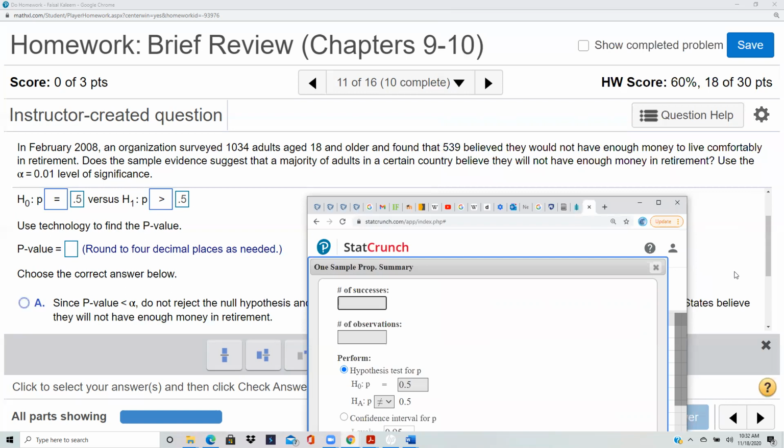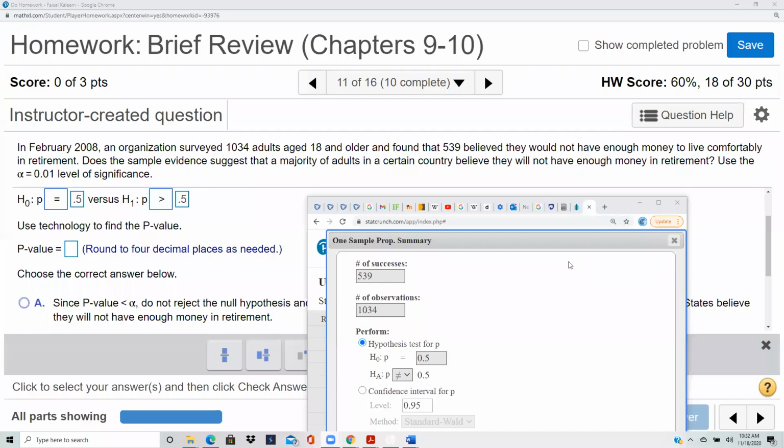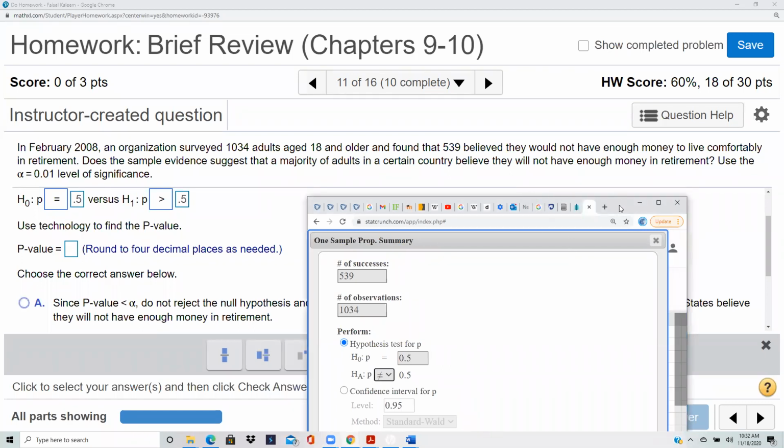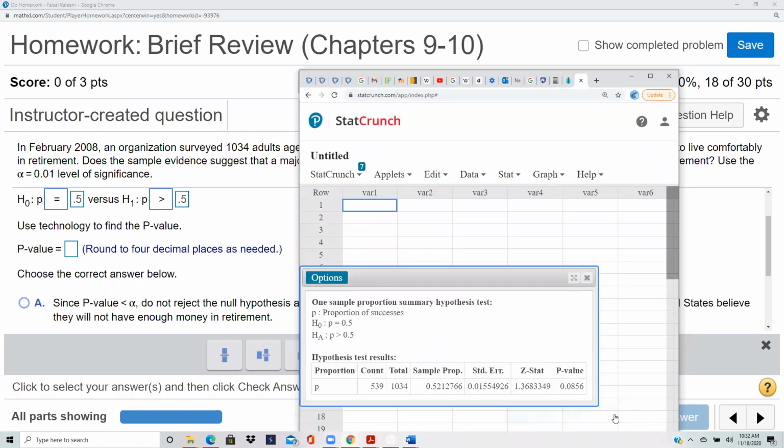The 539, and then the 1034 for observations. And then do greater than. Okay, greater than. 0.0856.